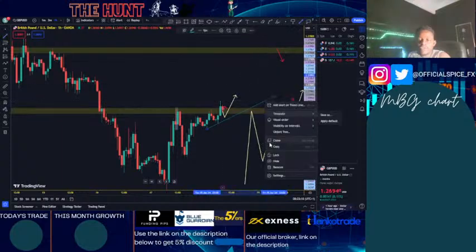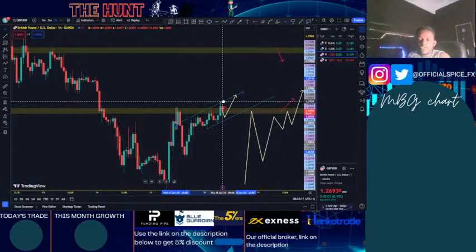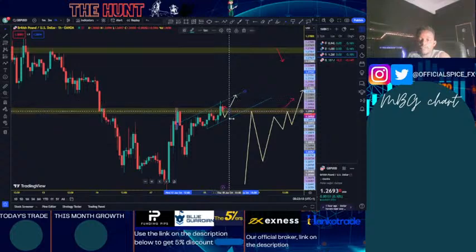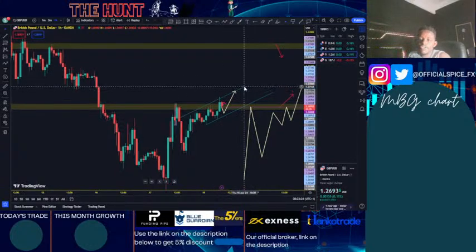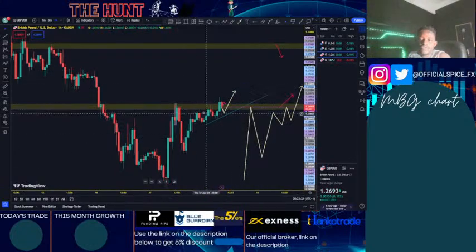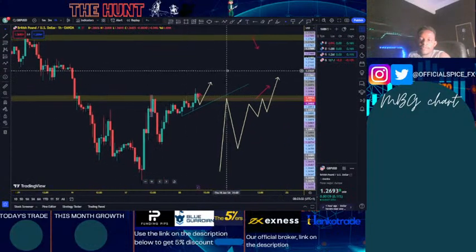Which means that if price comes back down a little bit, it could continue to the upper side. So those were the things that made me change my decision from looking for sells at this key level to looking for buys after we had a break above it.